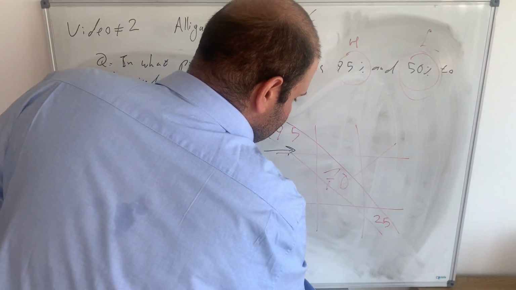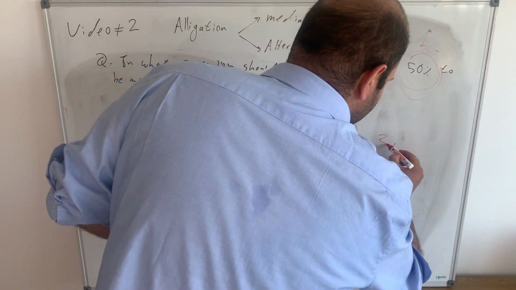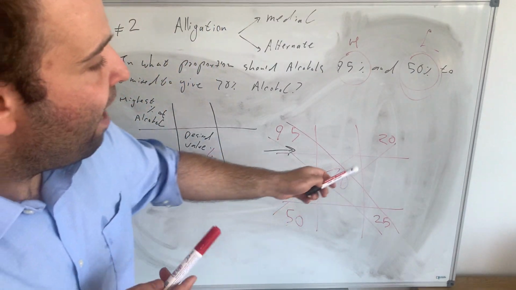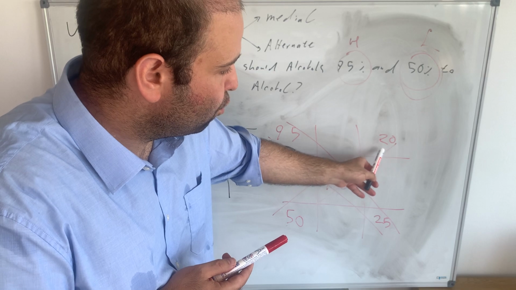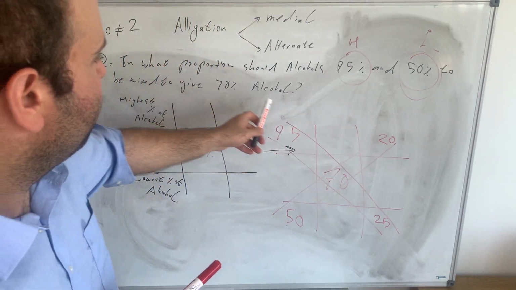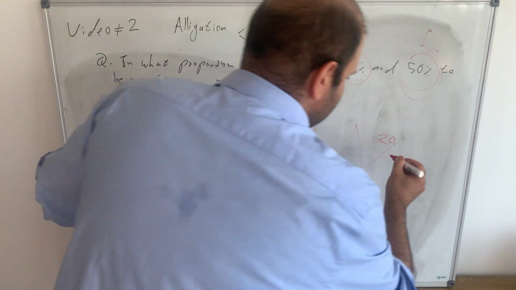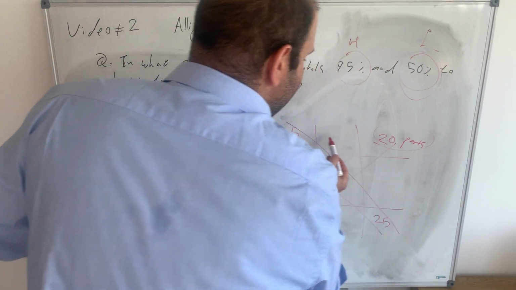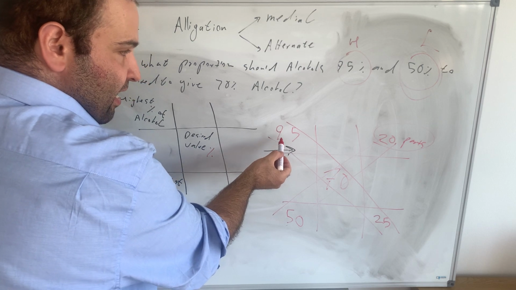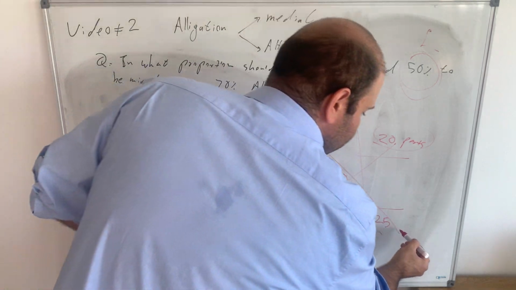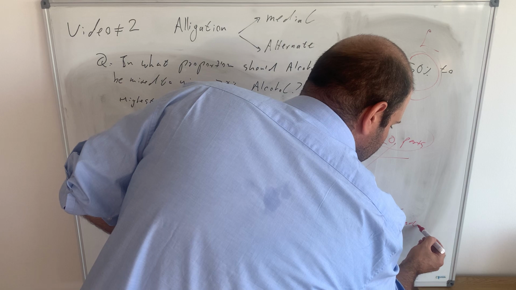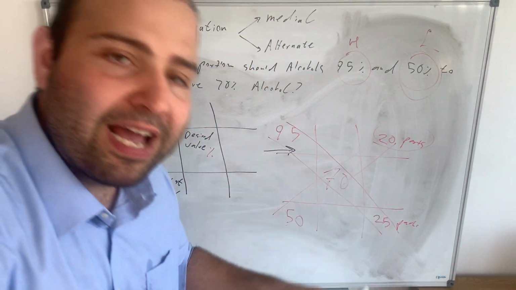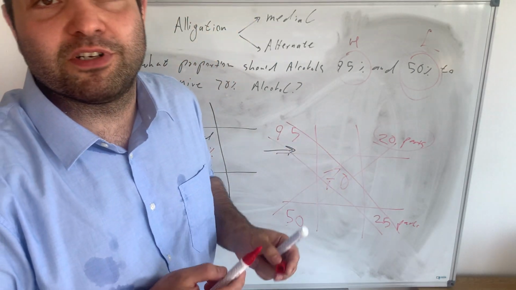You subtract them from each other, it is 20. Now you have the answer. You have to mix 20 parts of alcohol 95% with 25 parts of alcohol 50% in order to get a proportion of 70%.